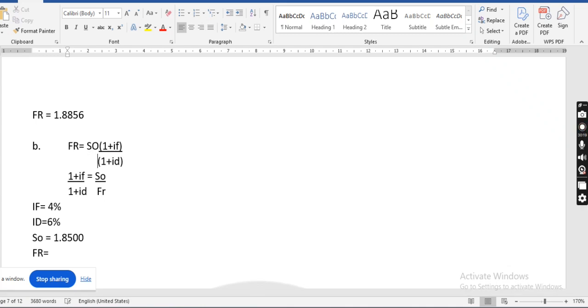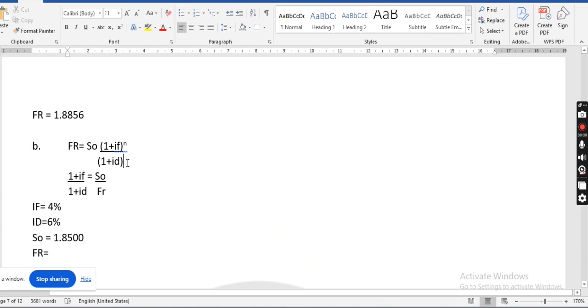Okay, let's put it this way. S0, which is the spot rate, raised to power of n, which is the number of years.